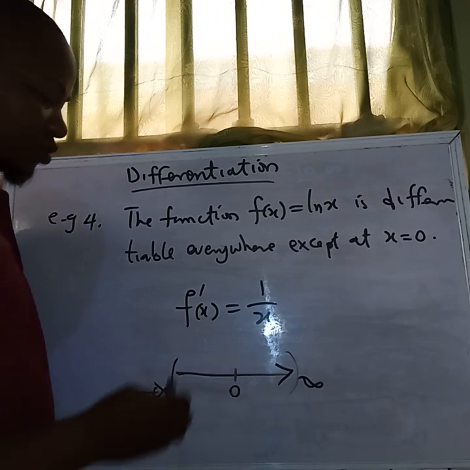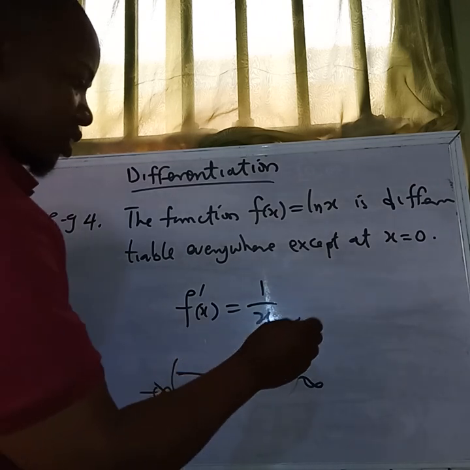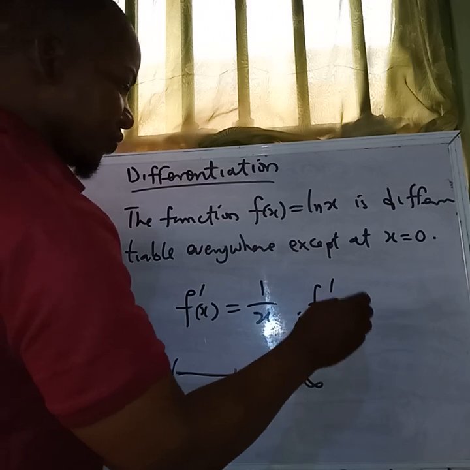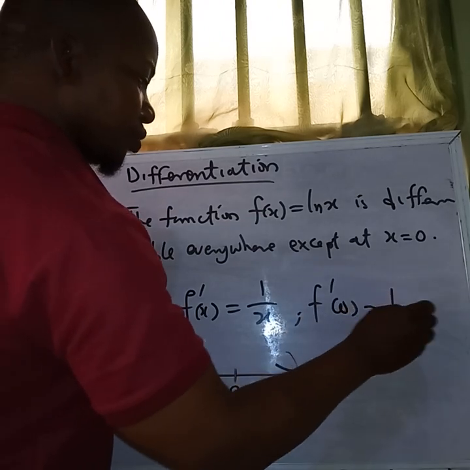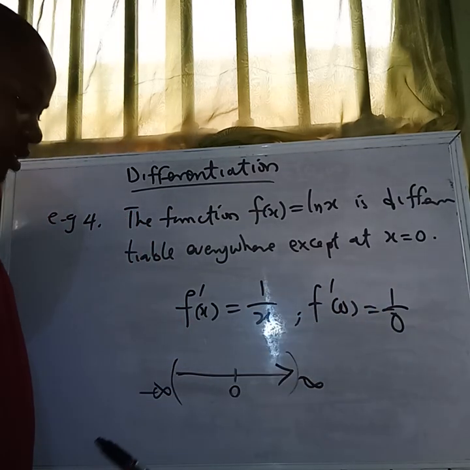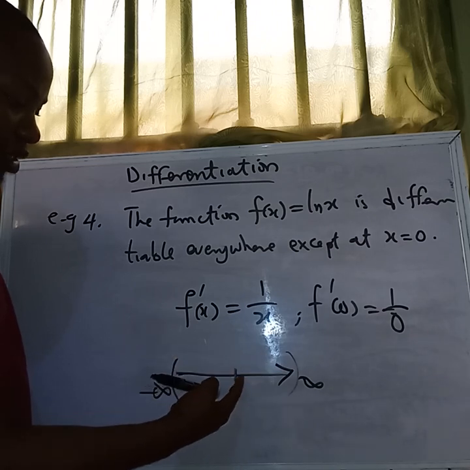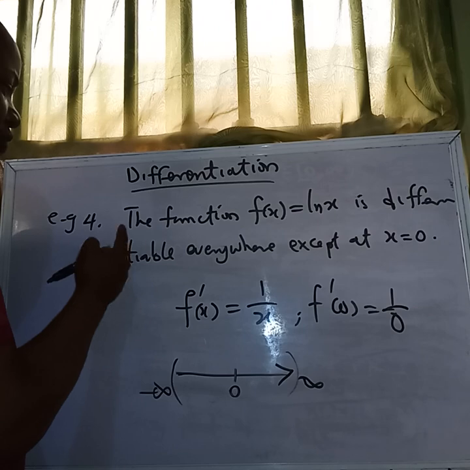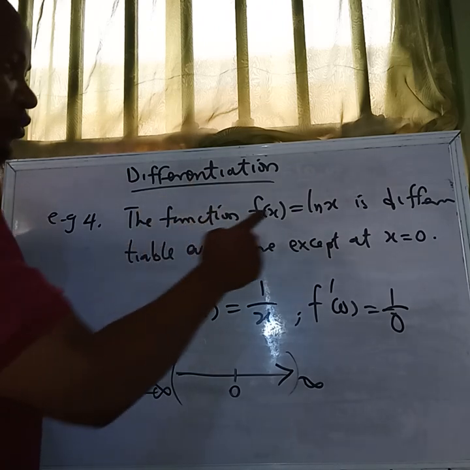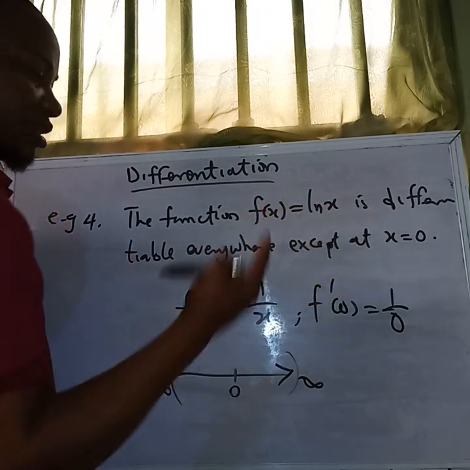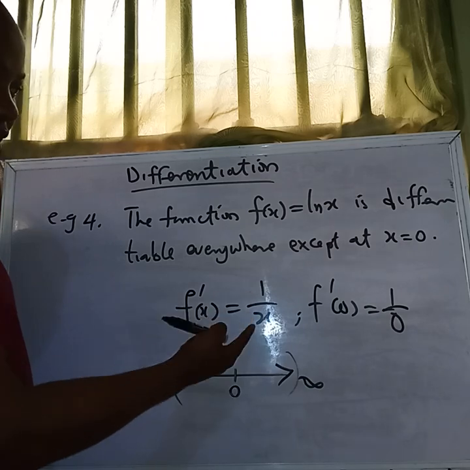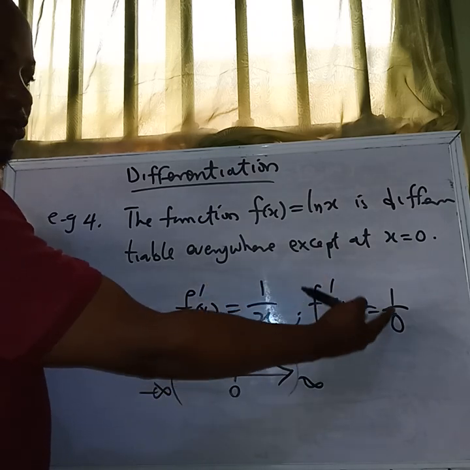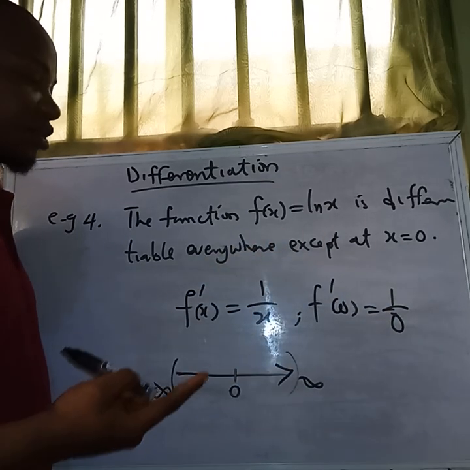And when we get to 0, this will be 1 over 0, which is also undefined. So any point aside from 0, this will be defined. That's why we make the conclusion that this function is differentiable everywhere except at x equal to 0.